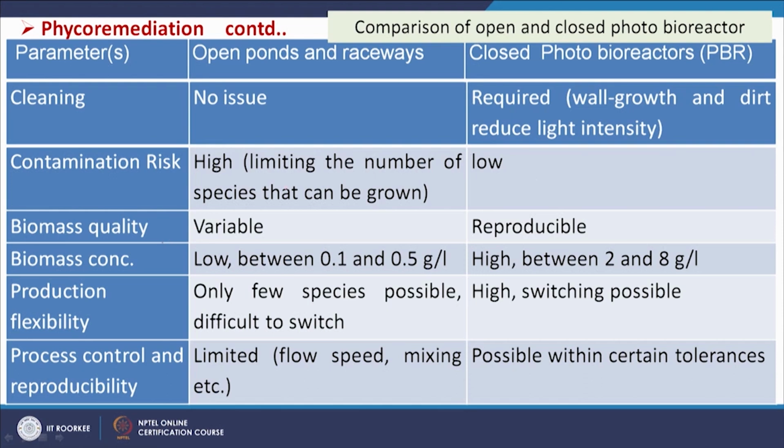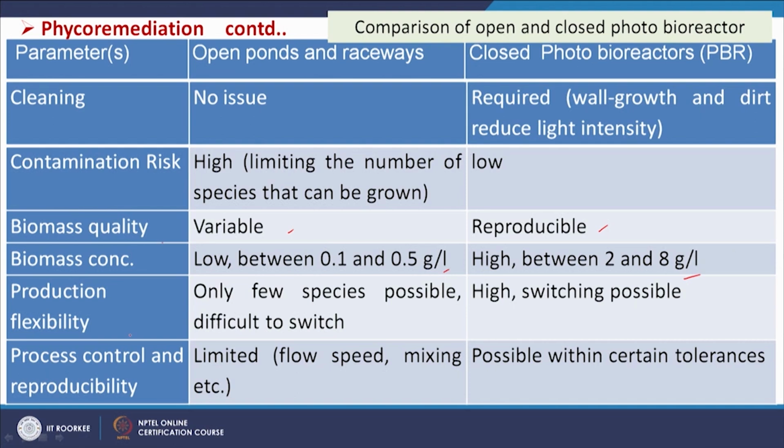Biomass quality is variable in open ponds, and it is better and reproducible in closed photobioreactor. Biomass concentration is low, between 0.1 and 0.5 gram per liter for open pond system, whereas this is high, between 2 to 8 gram per liter, for closed photobioreactor.